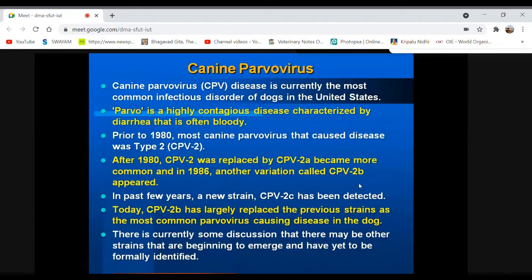Once infected, there is no specific treatment, only symptomatic as well as supportive treatments. And so far as this disease is concerned, supportive treatment is very much essential. And if not vaccinated, it is very difficult to save them once it goes on and starts showing bloody diarrhea and bloody vomition and all.